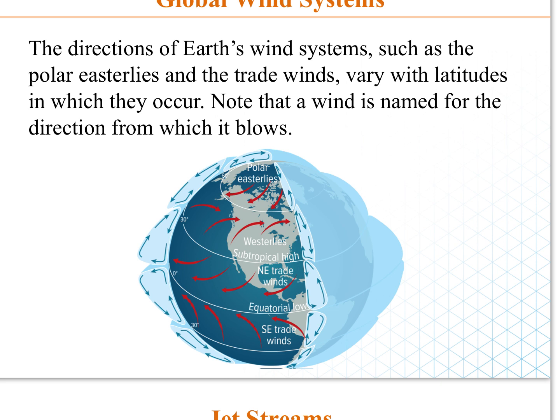In the same way, winds are named for where they come from. So if the winds come from the west and head to the east, we say that it's a westerly wind. If winds come out of the north and go to the south, we're saying that you have a northern wind or a northeastern wind in the case of some of the curvatures that we would have.